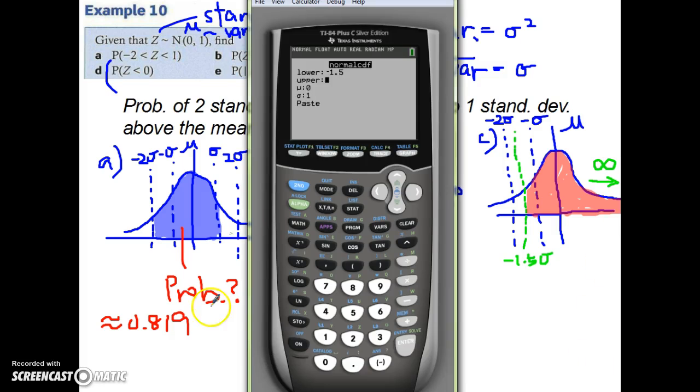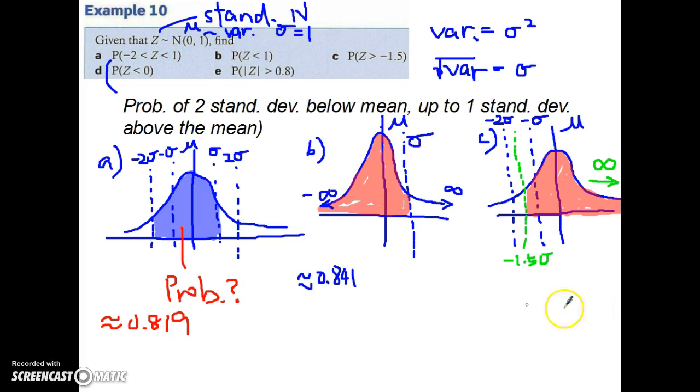But I don't have positive infinity, so I'm going to use 10 to the power of 99. 0 stays there, 1 stays there because we're talking about the standard normal distribution. Paste. There you go. The answer is approximately 0.933.